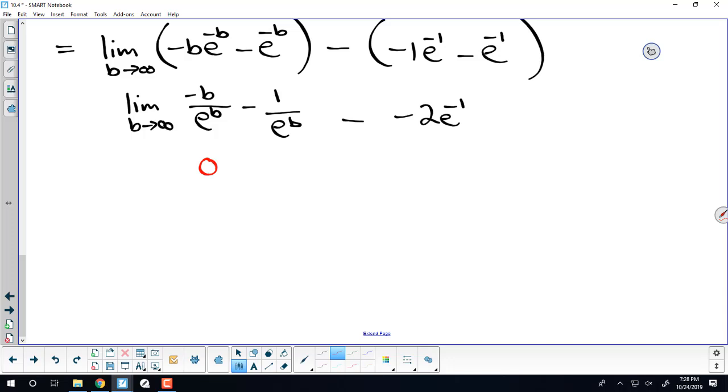This is 0, and this is 0. So we have that the integral converges. We really don't care about the value of the integral because the value of the integral is not the value of the series.